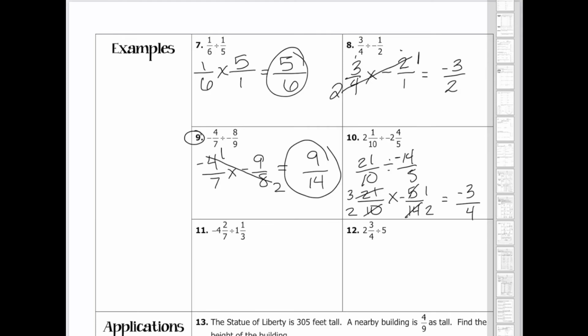Let's take a look at number 11. We're going to change these into improper fractions first. 4 times 7 is 28, plus 2 is 30. So I have negative 30/7 divided by 1 times 3 is 3, plus 1 is 4, so 4/3. Now I think about the process with the reciprocals. So I change the division sign to a multiplication sign, and the reciprocal of 4/3 is 3/4.